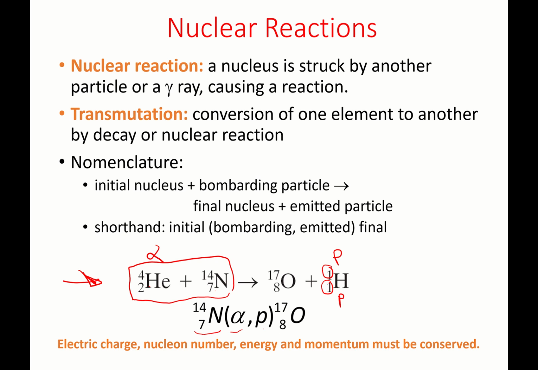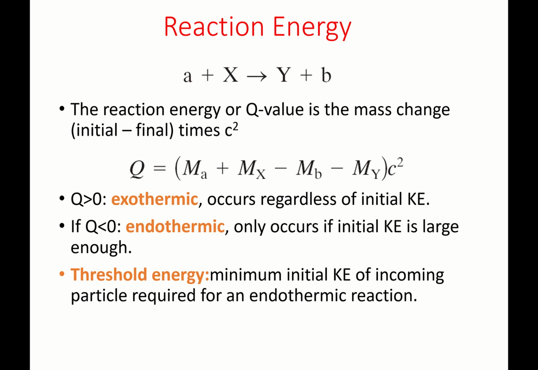And just like we had for our radioactive decays, electric charge, the subscript, has to be conserved, the nucleon number, the superscript, has to be conserved, and the energy and the momentum have to be conserved. When we have a nuclear reaction, it either takes energy to make it occur or it releases energy.